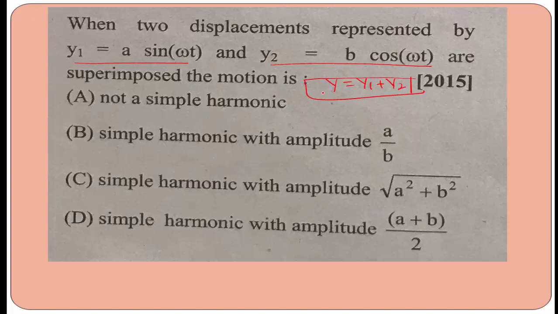Here y1 is equal to a sine omega t, and y2 is equal to b cos omega t.